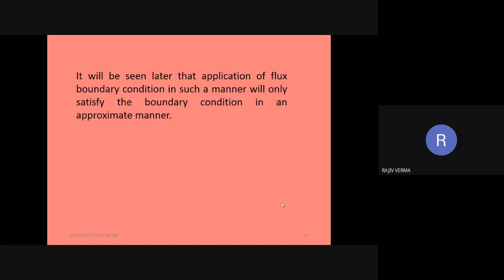In the following slides, we will see that even though we have substituted the value of flux in the three equations, still once the solution has been achieved, we are going to notice that the value of flux at x is equal to xb is not going to come to be the same value what we have applied in the equation.